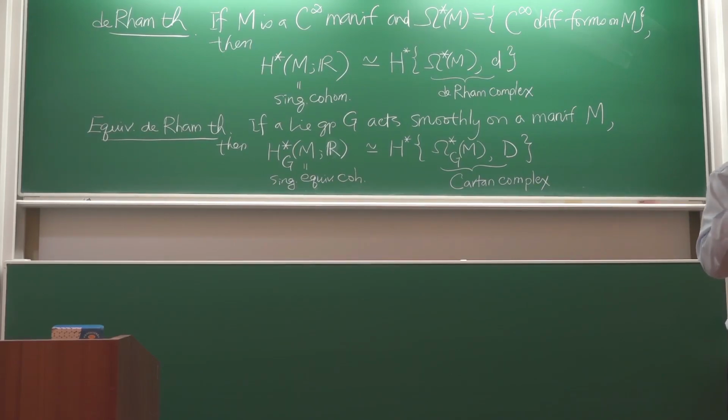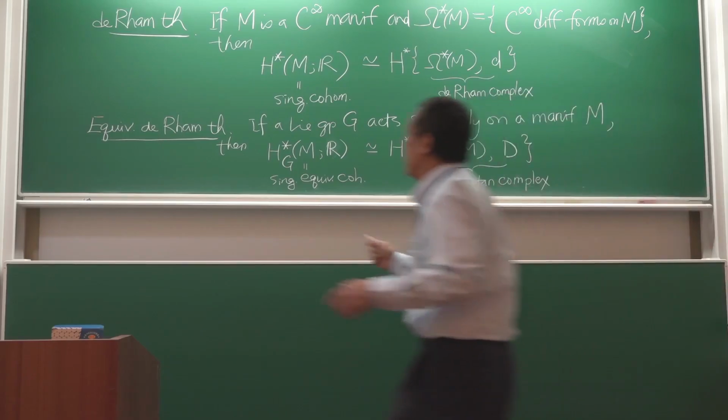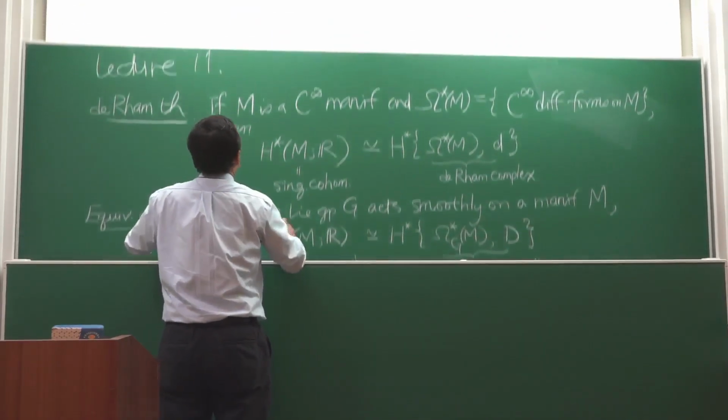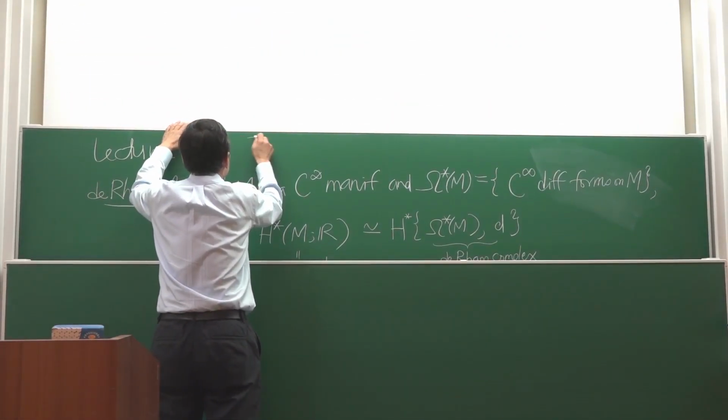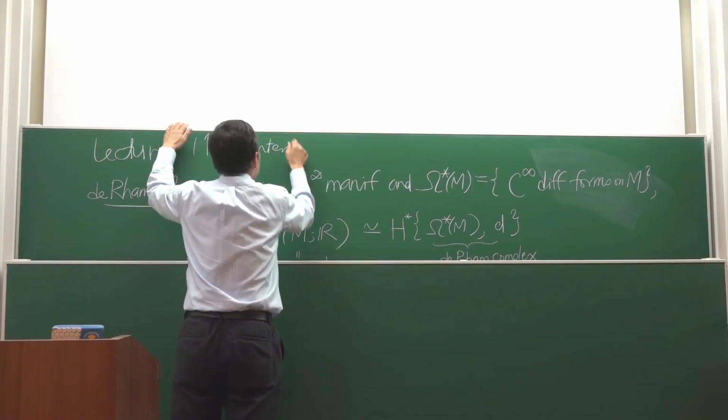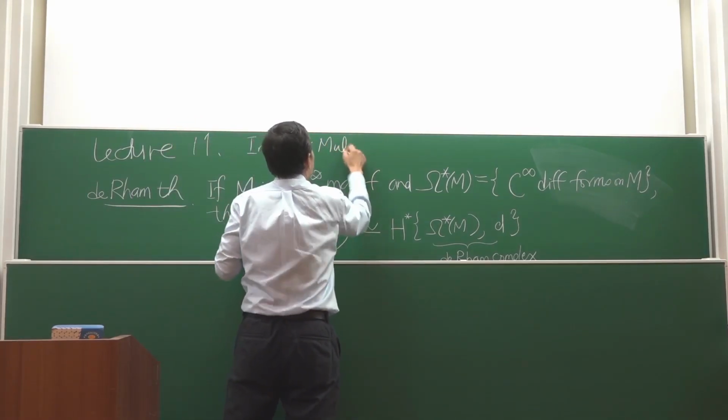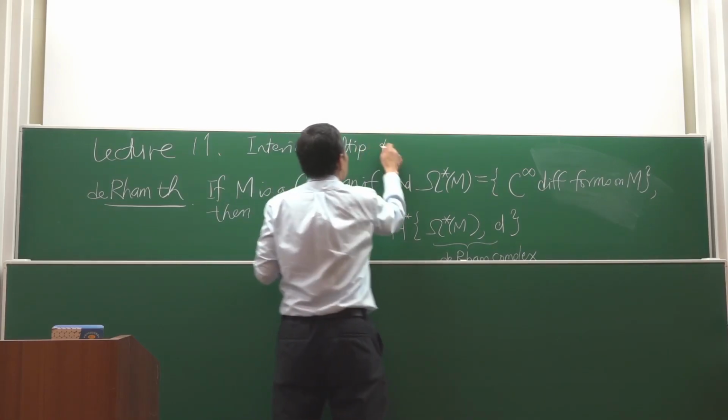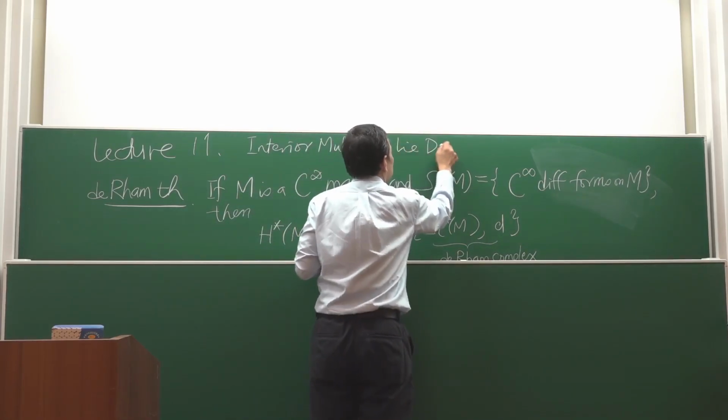And I will omit most of the proofs, but you can read the proofs in that book. So today we're going to look at interior multiplication and the Lie derivative.